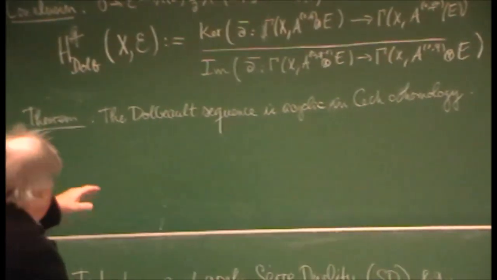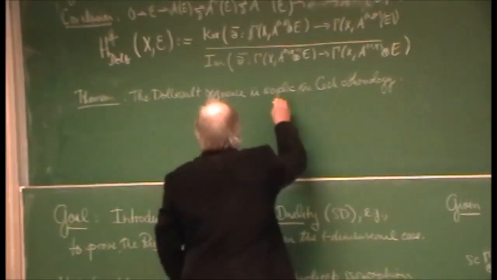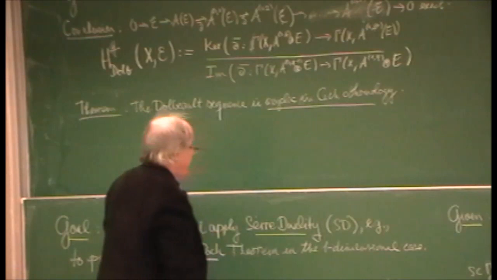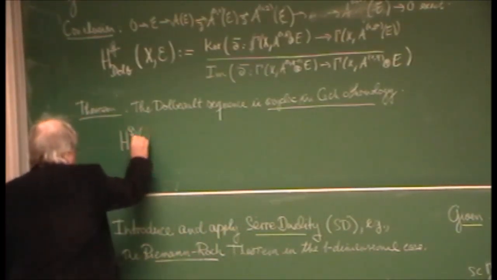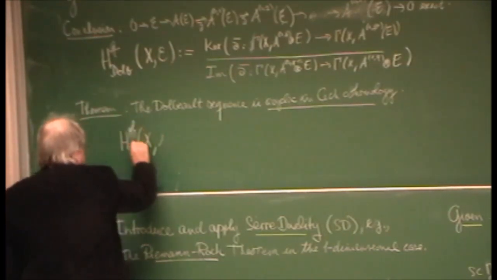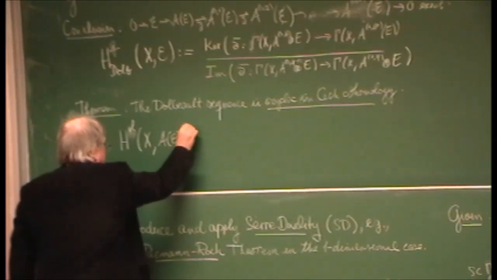And the key is then, in this case, that this sequence of sheaves is exactly acyclic in the Čech cohomology. This means H^l of this thing.